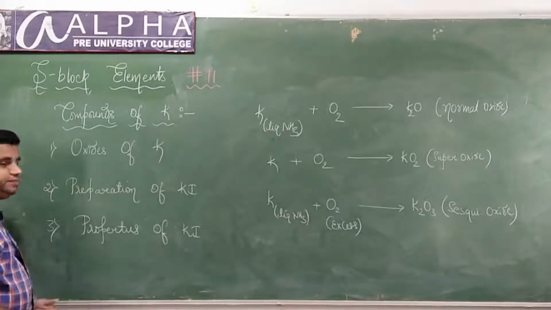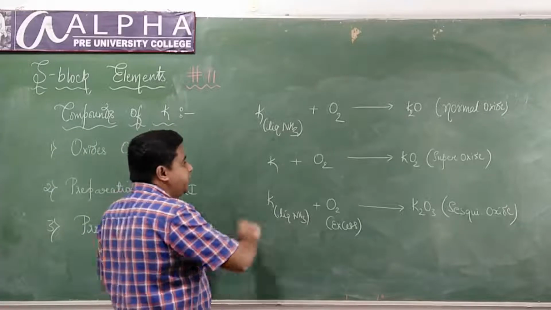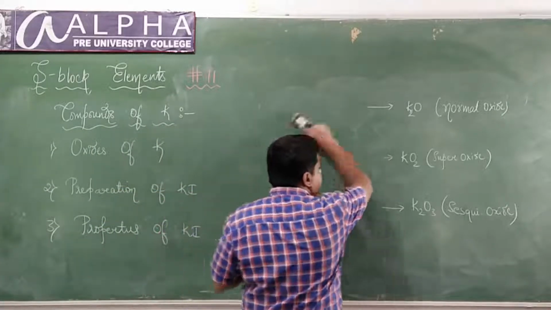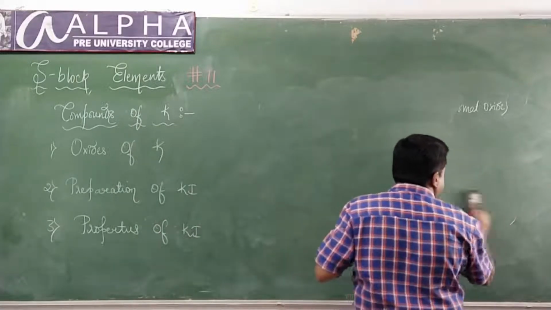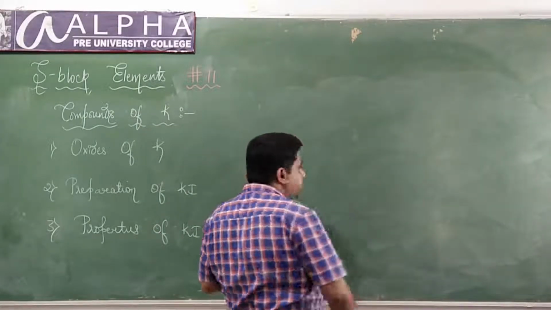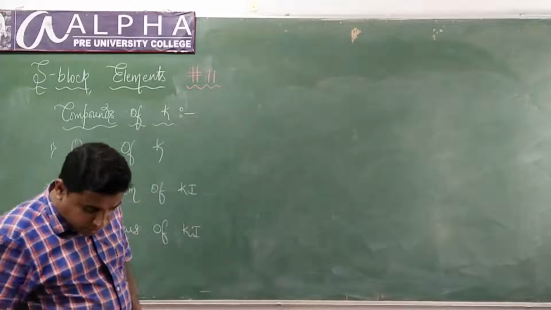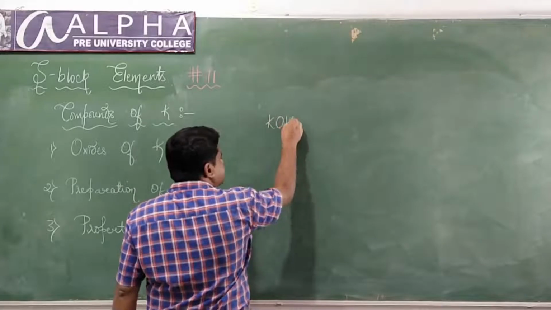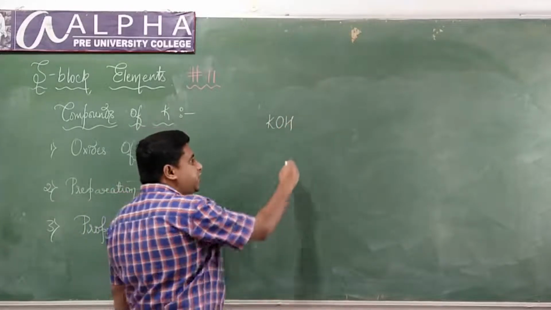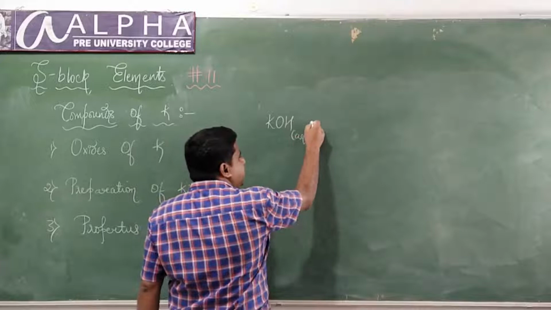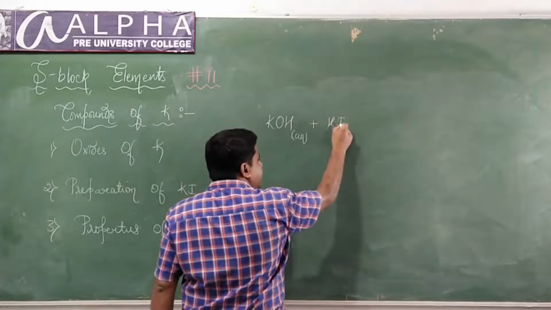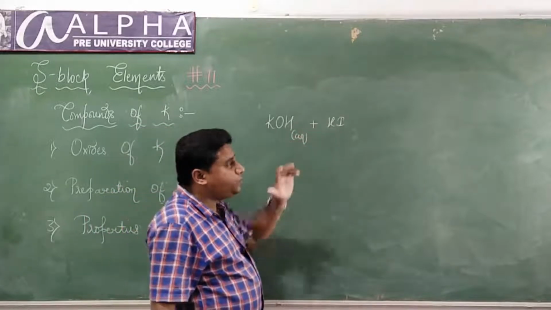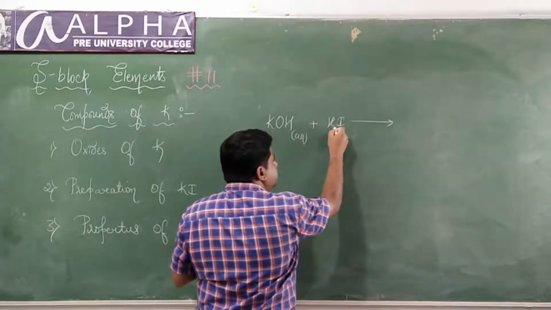Let us understand the preparation of potassium iodide, another compound of potassium. We have a very simple method. When aqueous potassium hydroxide solution reacts with hydrogen iodide, what is it going to form?